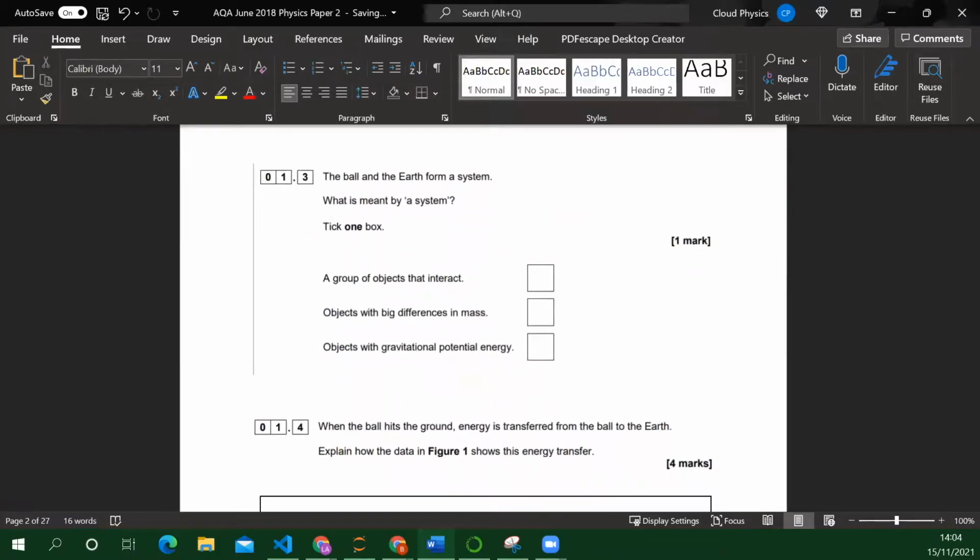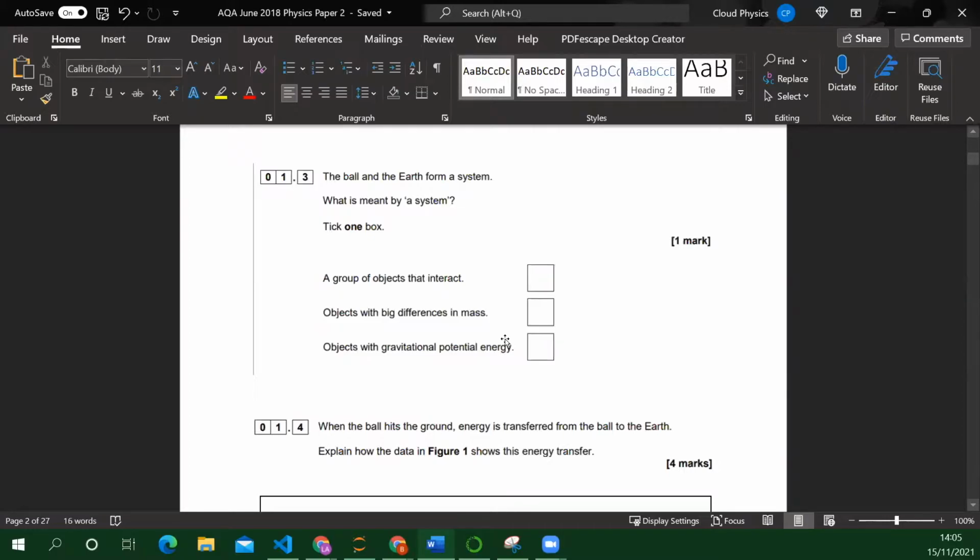The ball and the earth form a system. What is meant by a system? Tick 1 box. Is it a group of objects that interact? Objects with big differences in mass? Objects with gravitational potential energy? They don't have to have a big difference in mass. Sometimes they do, like the solar system, but they don't have to. A system could be snooker balls on a snooker table.